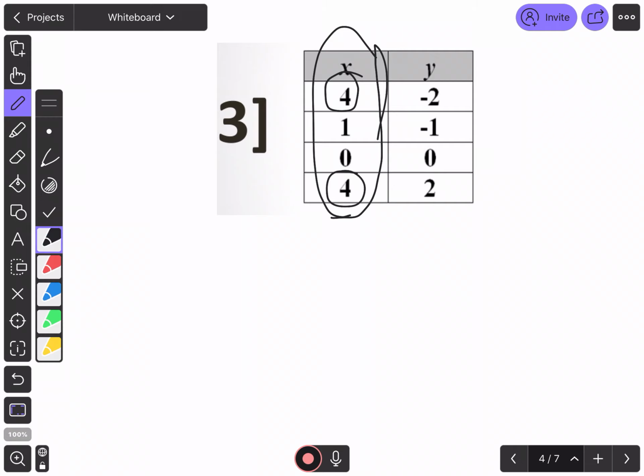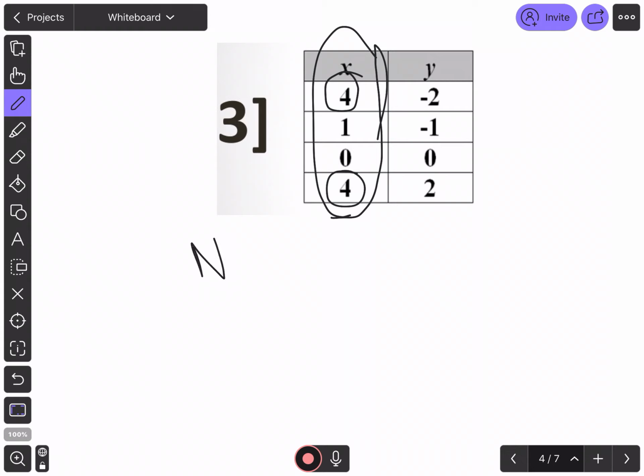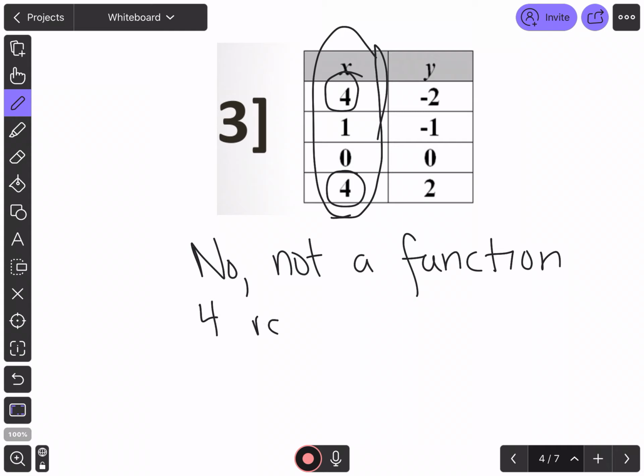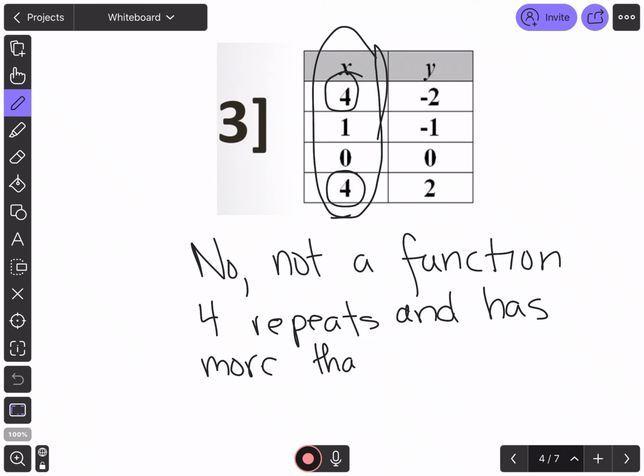Because those 4s repeat, no, not a function, because that 4 has more than one y value.